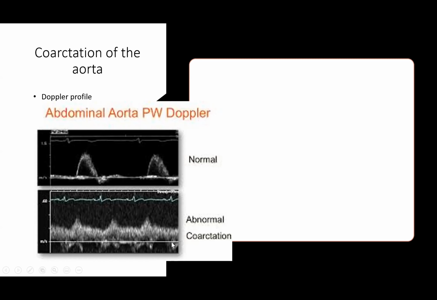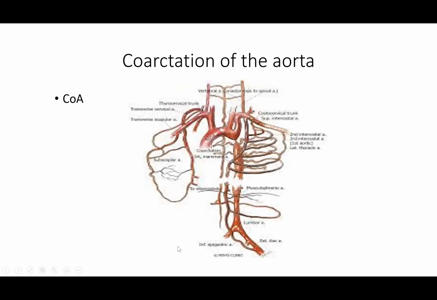Now, in coarctation, depending on the severity, sometimes the body tries to compensate by developing collaterals. This is from the subclavian and then the intercostal arteries around the point of the coarctation to feed the lower part of the body. So when that happens, oftentimes you will not see a pressure gradient between, say, the right arm and the legs, especially if they have adequate collaterals feeding the lower half of the body.